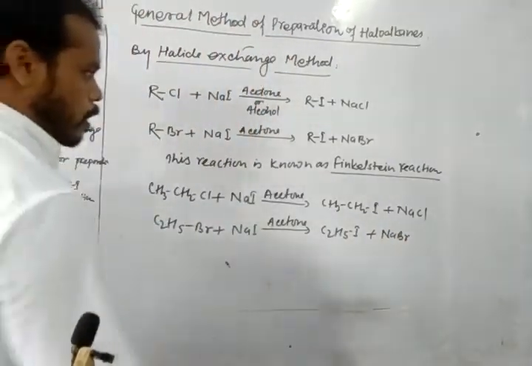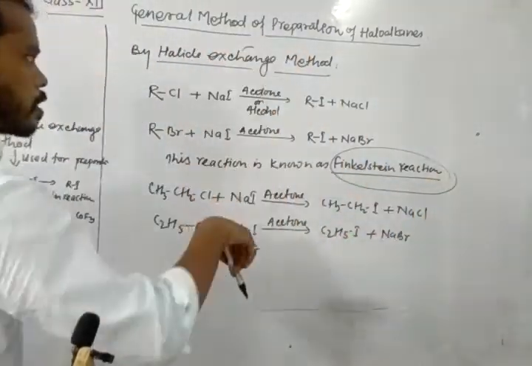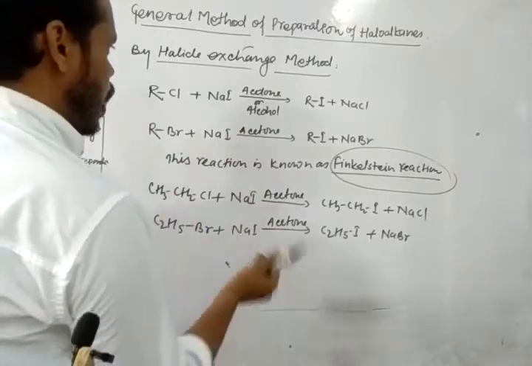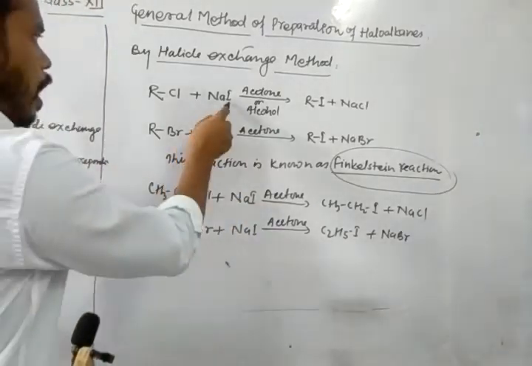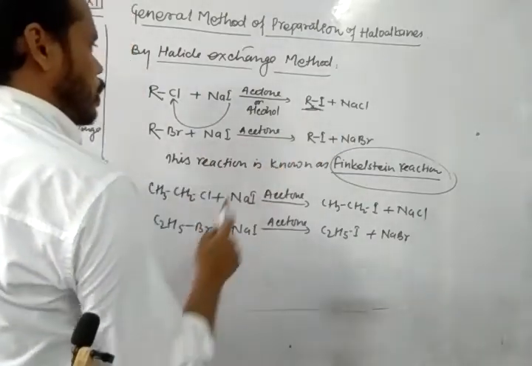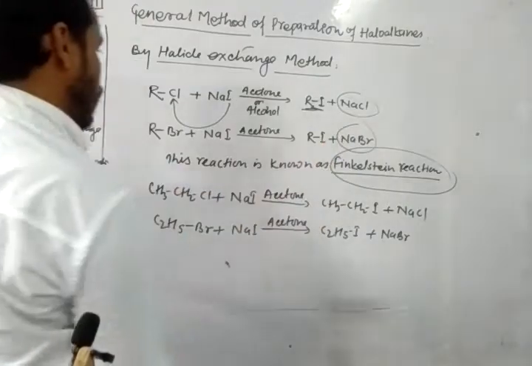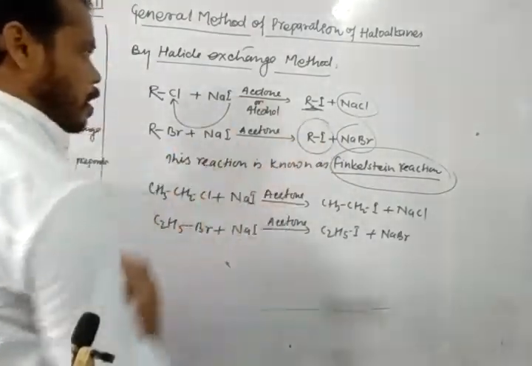In these reactions you can see how the halide changes. Iodine replaces chlorine and forms iodoalkane, and as a byproduct NaCl, and in this case NaBr.